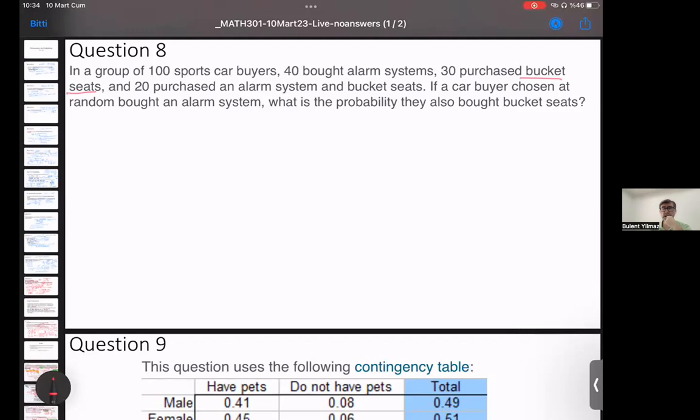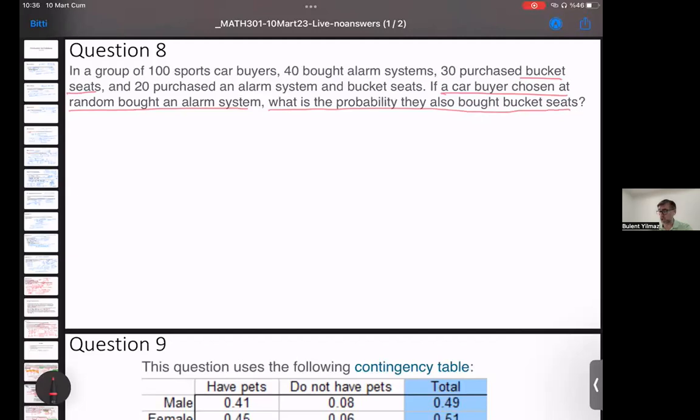If a car buyer chosen at random bought an alarm system, what is the probability that they also bought bucket seats? Now I want you to focus on the question and give me an answer in one minute.